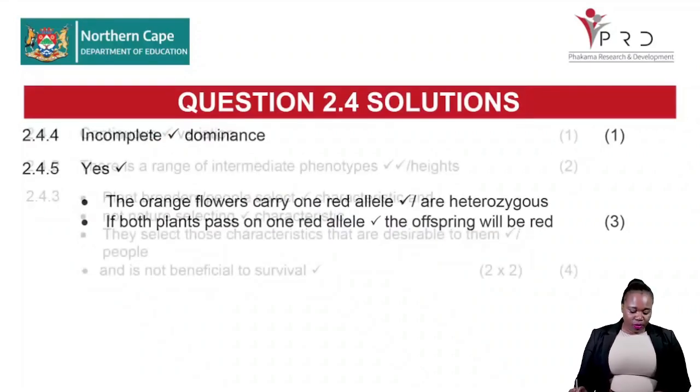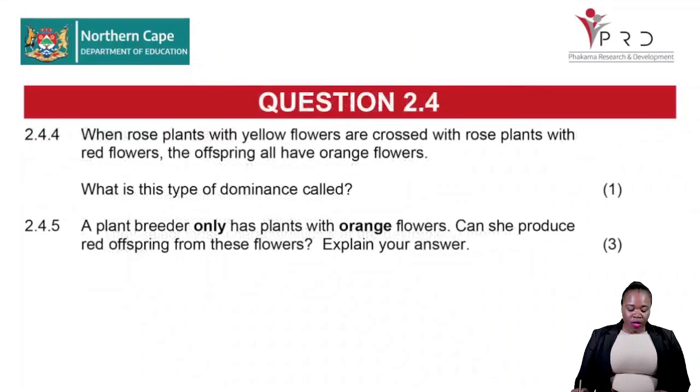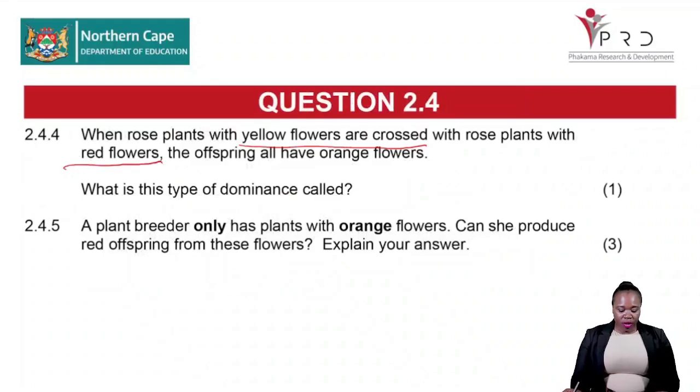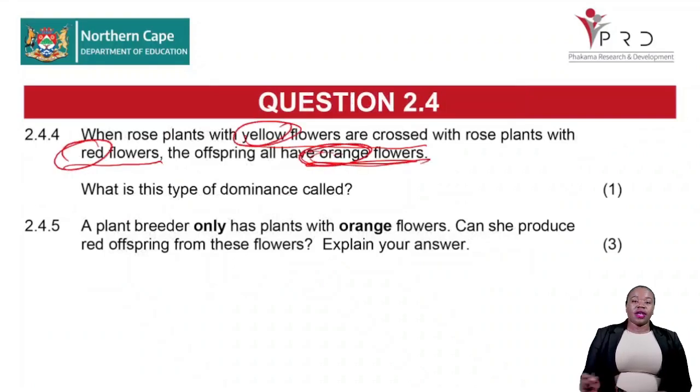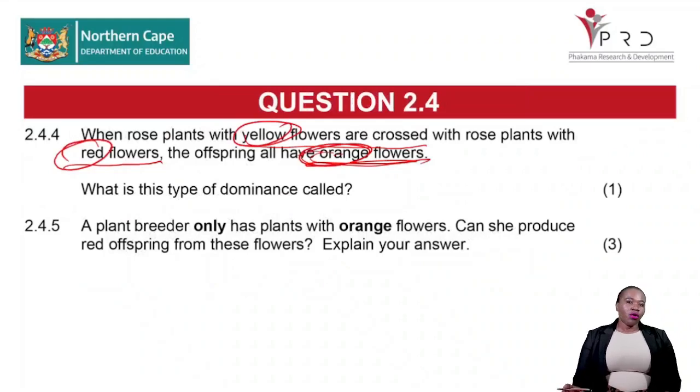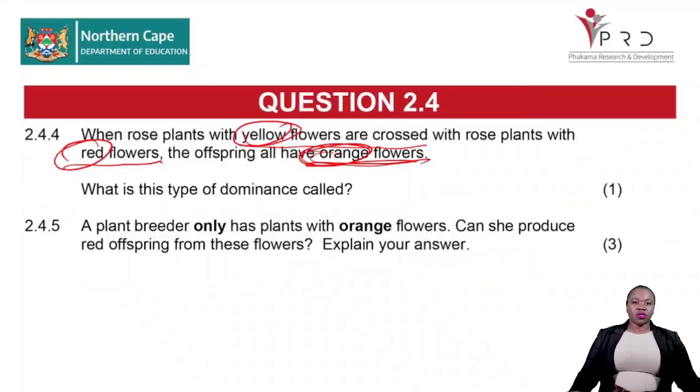Okay, let's look at 2.4.4. When rose plants with yellow flowers are crossed with rose plants with red flowers, the offspring all have orange flowers. So now we have yellow, red, and orange. Now this starts to tell us that we are no longer looking at complete dominance because there is nothing that is dominant over the other.